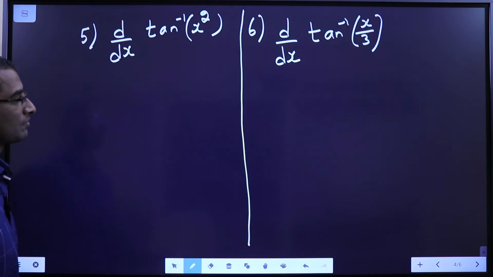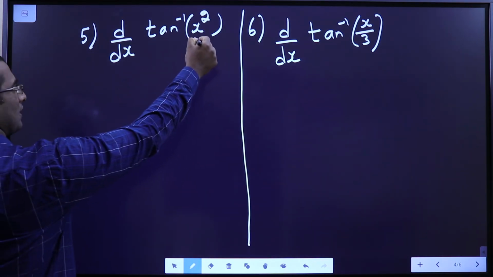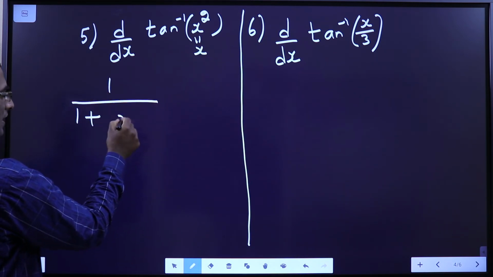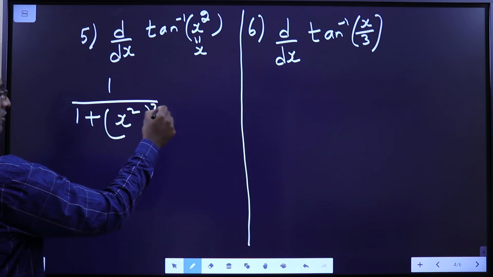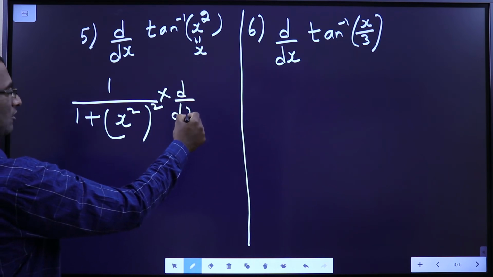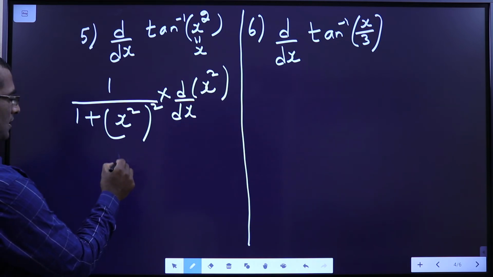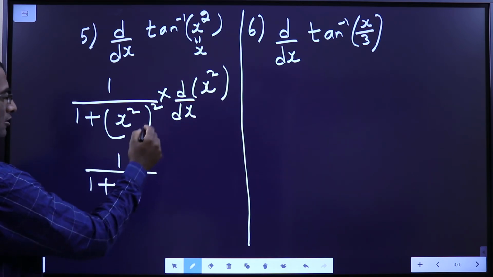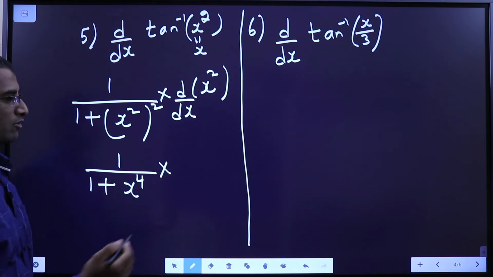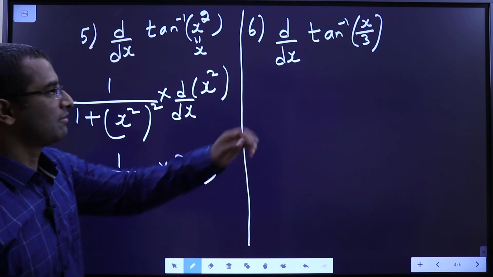Next one. Let us look at this example now. Tan inverse x square. Again I assume it to be x. The formula is 1 by 1 plus x square. So x square whole square into d by dx of, in place of x whatever you had. Okay. So this is 1 by 1 plus x square whole square, which is x power 4, into d by dx of x square, which is 2x. Okay. Next one.